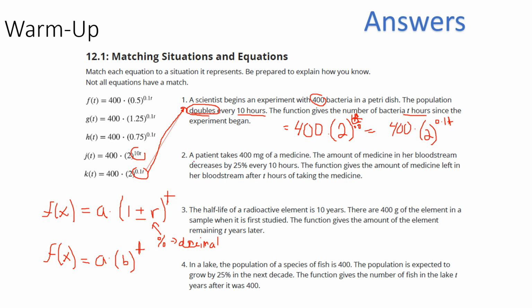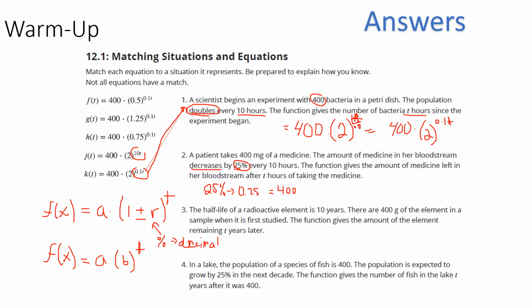Number 2 says a patient takes 400 milligrams of medicine, so we know our initial amount is 400. The amount of medicine in her bloodstream decreases by 25%. Automatically 25% needs to be converted to a decimal, which is 0.25.